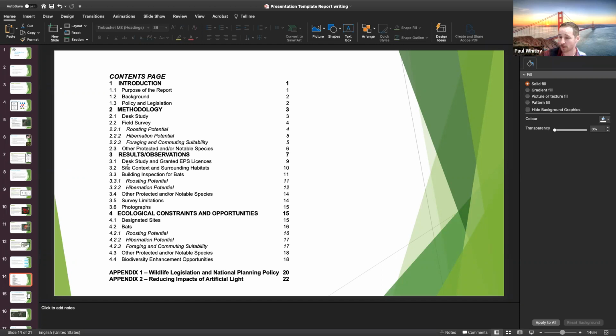We do a search within 1 kilometre of our site to see what previous EPS licenses have been granted near a project. Providing site context and describing the surrounding habitats. The building inspection is broken down into an assessment for roosting potential and hibernation potential, and of course, looking for potential for other protected or notable species.